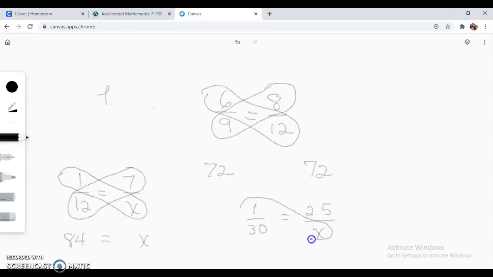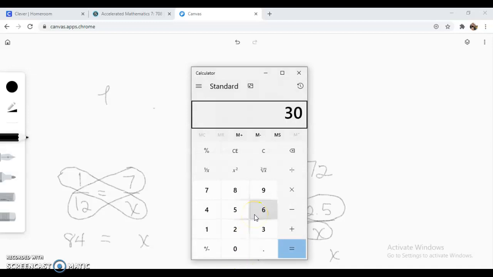Well, let's do this. I have x over here, and 30 times 2.5. I don't have my calculator, but I know 30 times 2 is 60, and half of 30 is 15. 60 and 15 is 75. Ooh, let's put it up on a calculator. 30 times 2.5 equals 75.